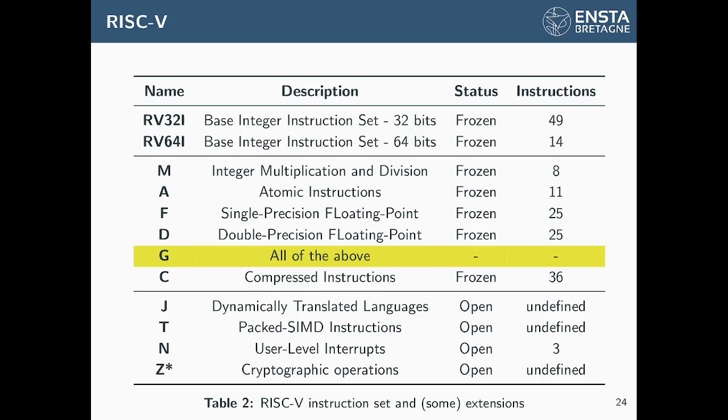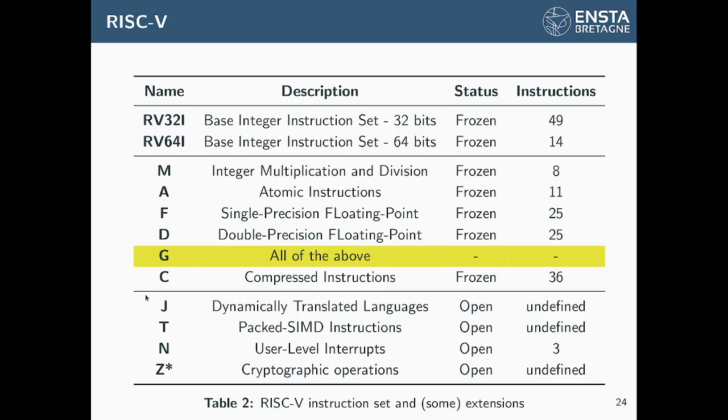For example, M is integer multiplication, A is atomic instructions, etc. You have G, that's a shortcut for MAFD, so 32, 64, MAFD. And then you would have compressed instructions, and some extensions that are still in draft status.